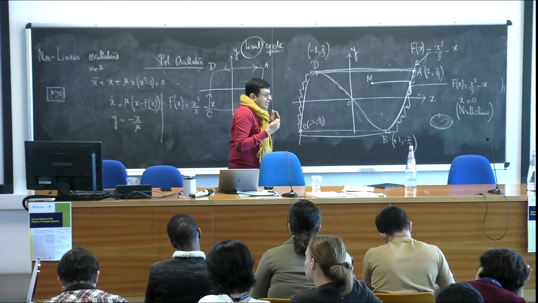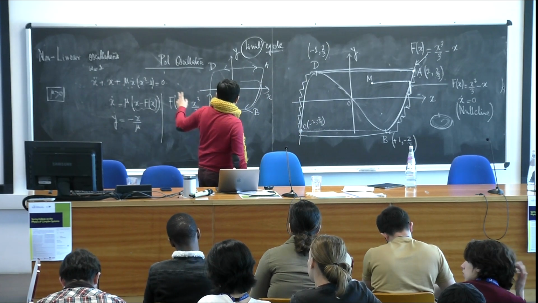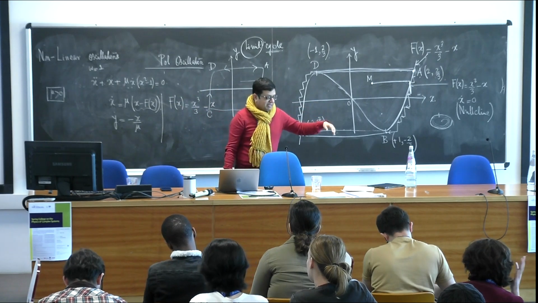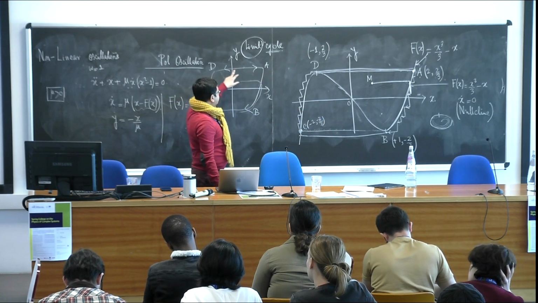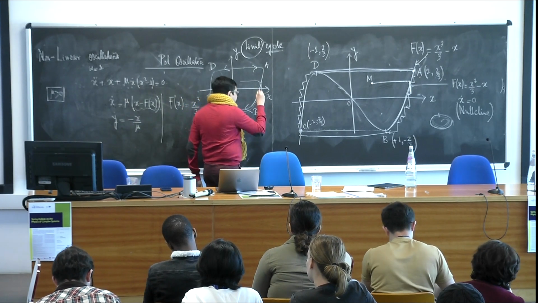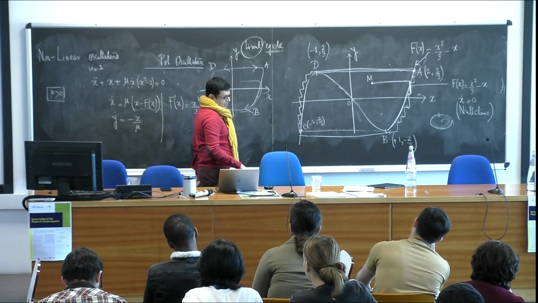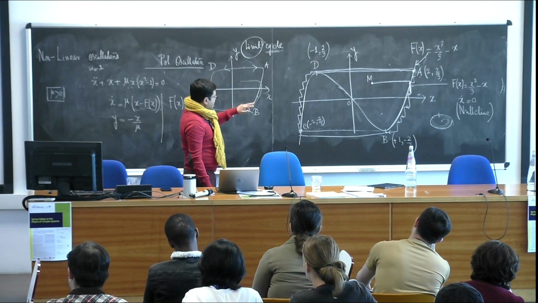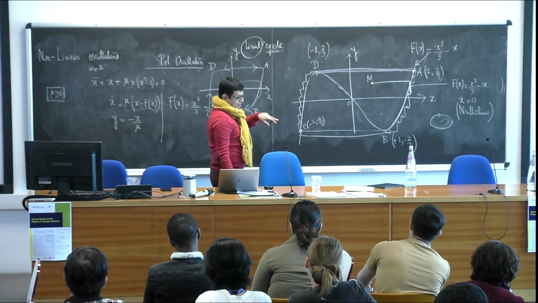So for all practical purposes, if I have to study the dynamics in the long time limit, I better know how to characterize the dynamics on the limit cycle. Because I'm pretty sure that eventually in the long time limit, my actual trajectory will be very, very close to it, and therefore the dynamics can be approximated well by the dynamics on the limit cycle.